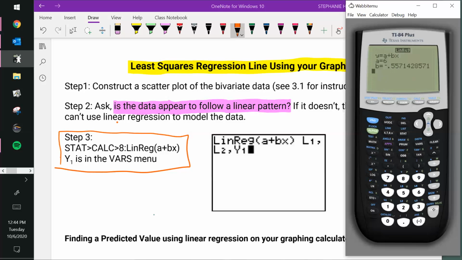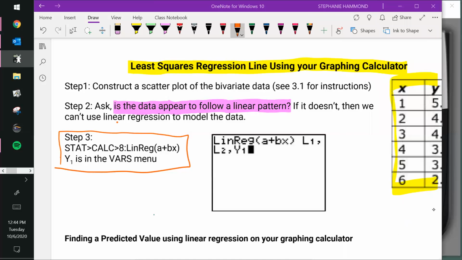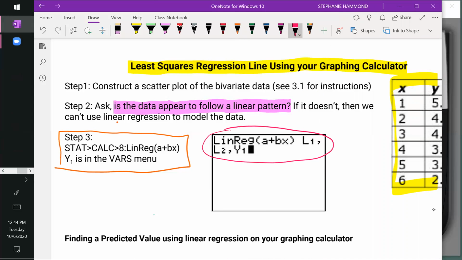And this is what I see. So notice, sorry, on your note guide here, it looks a little bit different. This is what it looks like in a TI-83. I have a TI-84. If you have a TI-83, when you first go calculate, move over to calc and choose option 8, LinReg, you'll just see this on your main screen.